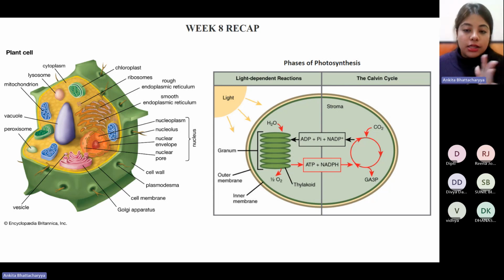Within these thylakoids, what we see is that light is being taken up, and what is being produced as a result is ATP plus NADPH. Now these ATP plus NADPH are being utilized during the night for the Calvin cycle, which is a cyclic process during which carbon is being fixed, and as a result, we get ADP, Pi, NADP, and the PGA3 as well, which is being released.